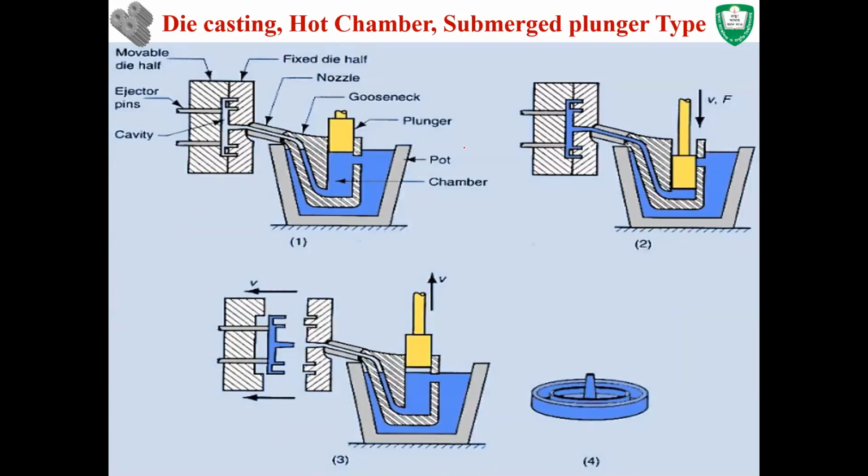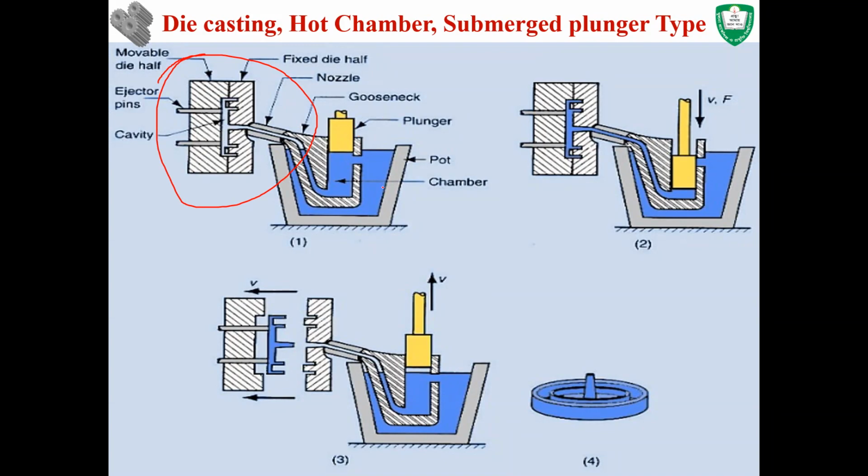The next is the submerged plunger type hot chamber die casting machine. The system here is the same as the gooseneck type, but the only difference is that instead of using a gooseneck or dipping it into the molten material, in this case a plunger is used to push the molten material into the cavity.